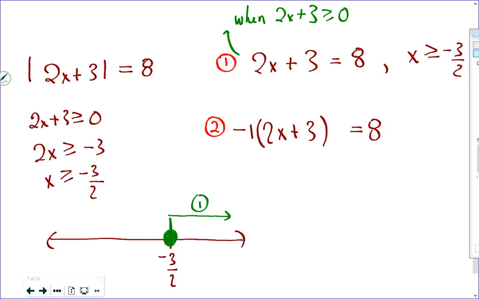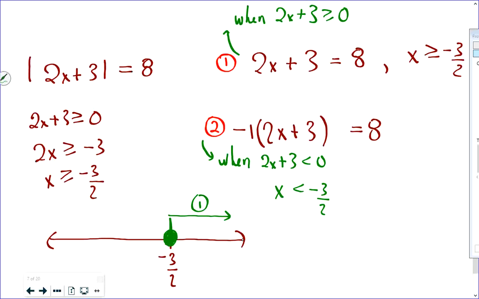I'm not really sure I need to do the same thing for the bottom one, but I will. This is when 2x plus 3 is less than 0. I hope it's clear that when you solve that, you're going to get x is less than negative 3 halves. Subtract 3, divide by 2.